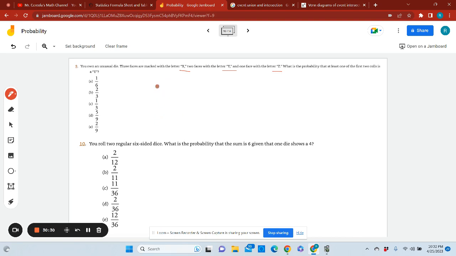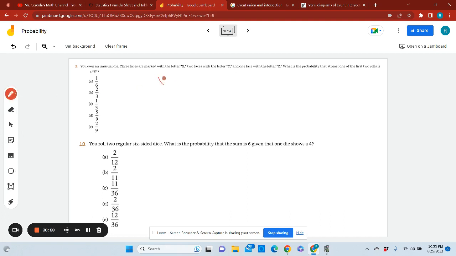So basically they want the probability that my first roll is a Y plus the probability that my second roll is a Y. And I only need, really, it's just at least. So all the outcomes that satisfy at least.